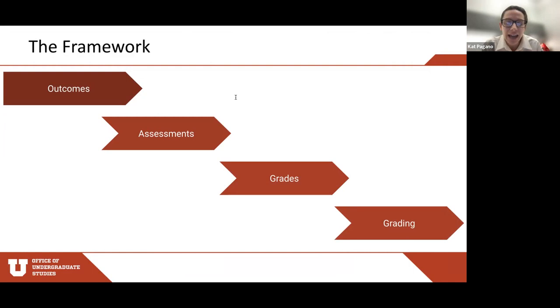Let's see. Ashton asks, how do you communicate changes to grading? I've tried explaining my grading strategy to students and they freak out about how they translate this into traditional point-based grading. Ashton, did you want to unmute and tell me a little bit more? Or we can afterwards.